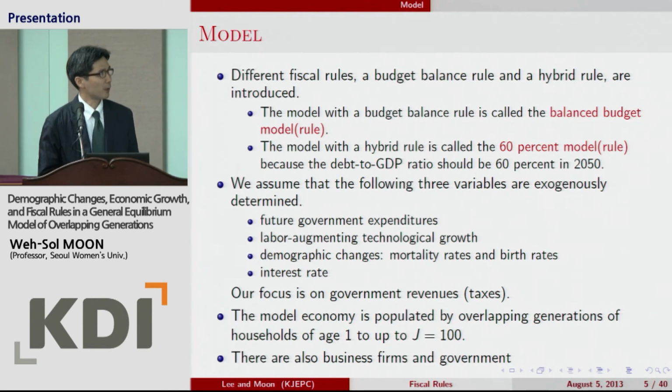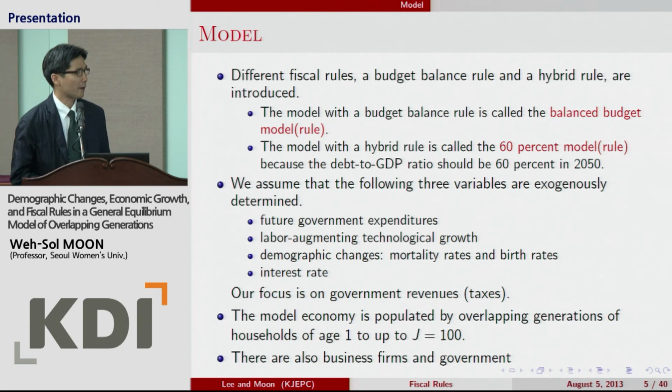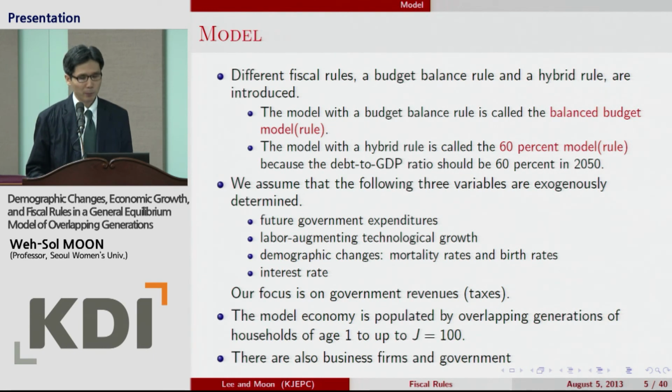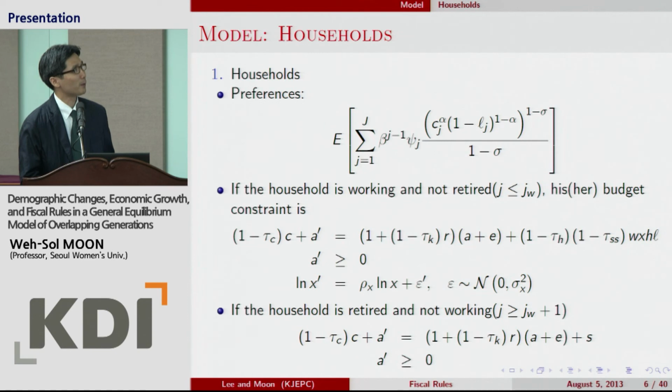The small open economy is populated by overlapping generations of households of age 1 up to 100, so people live up to 100 years. There are also business firms and government. It's a standard model. Each household maximizes expected utility.